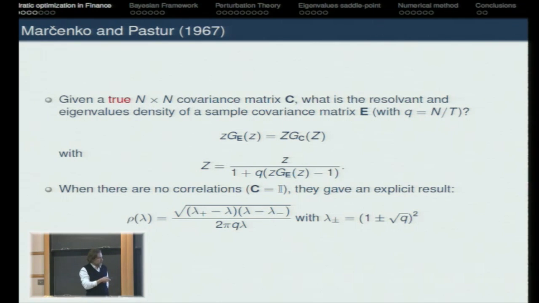Well, actually, it can be bigger than 1, but I won't consider that case. So let's say I always have more data points than I have variables. So q is between 0 and 1.